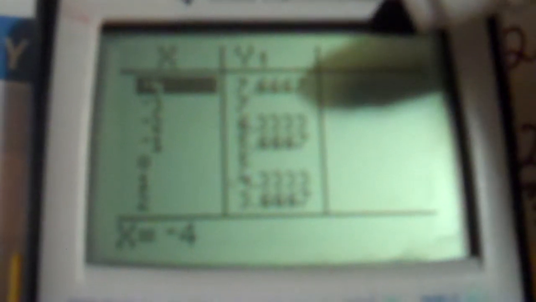And then you're just going to fill in this table. So I'm going to go up to negative 4. And I'm going to get this 7.66 something. Okay? I'm just going to put 7.6. Alright, then at negative 2, I got 6 point, it's hard to see, you should have it in your calculator. It says 6.33333, so I'm just going to put 6.3.